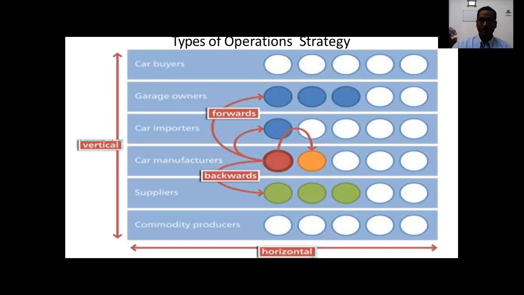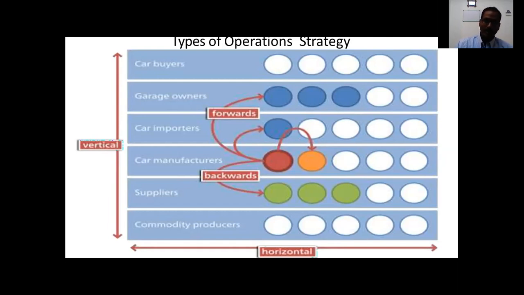They give them to the supplier, who supplies to the car manufacturer. Sometimes the car manufacturer, that's a business, becomes the supplier themselves. They buy components from the producer and supply to their own unit and sometimes to competitors. Once the product is produced in the production unit, it is given to the car importers, then to garage owners, and then it goes to the customers.